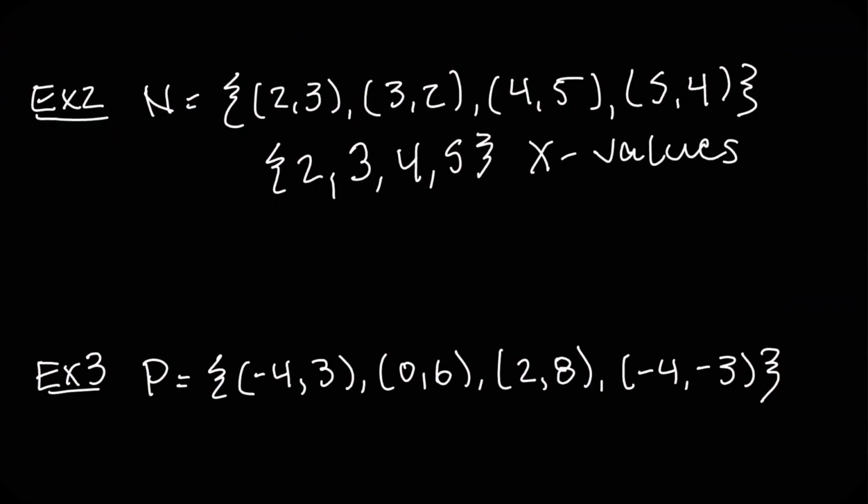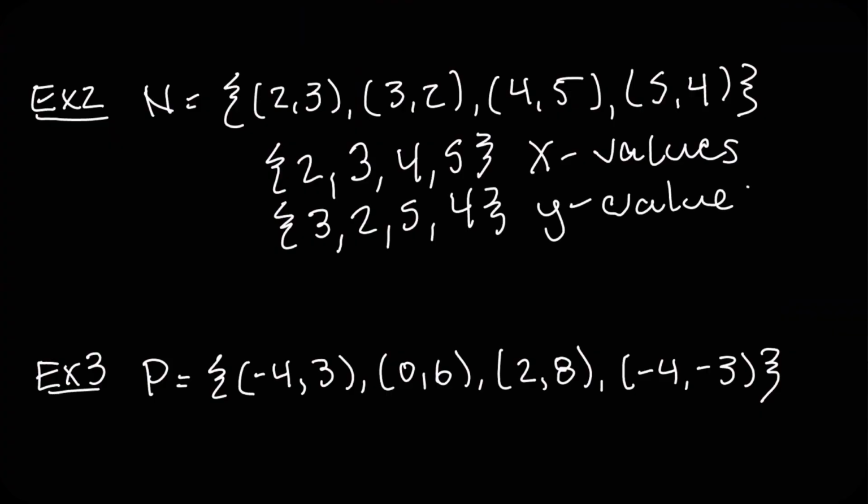And then our y values, we have a 3, a 2, a 5, and a 4. And we'll go ahead and look at the mapping. So 2 goes to 3, 3 goes to 2, 4 goes to 5, and then 5 goes to 4. So again, this one is a function. So we'll say n is a function.